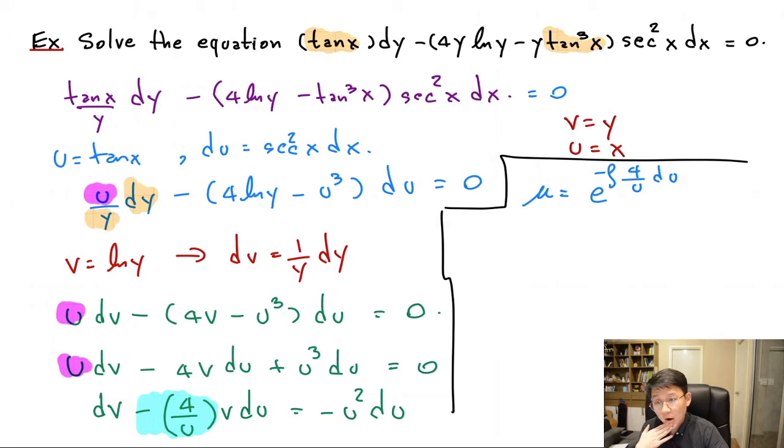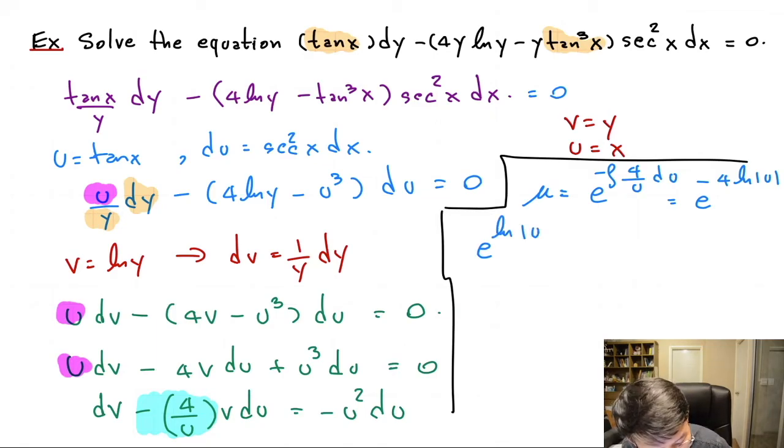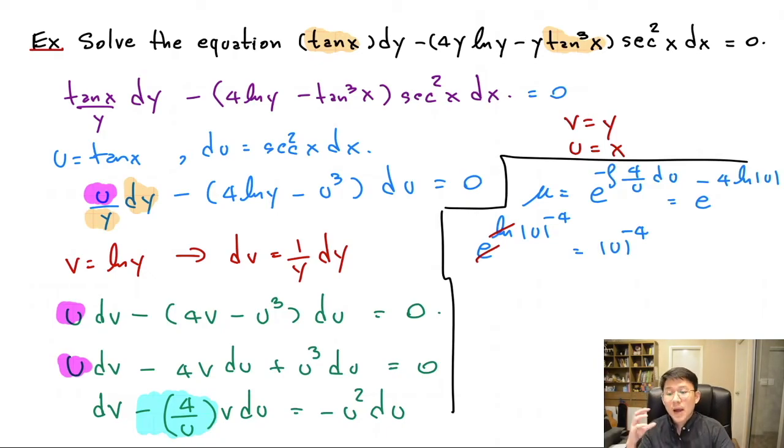Okay, and that would be e to the minus 4 log absolute u, and that would be e to the log of absolute u to the minus 4. Okay, and that is absolute u to the minus 4, because as I told you, this guy cancels out. But absolute u to the power of minus 4 is actually 1 over absolute u to the 4.